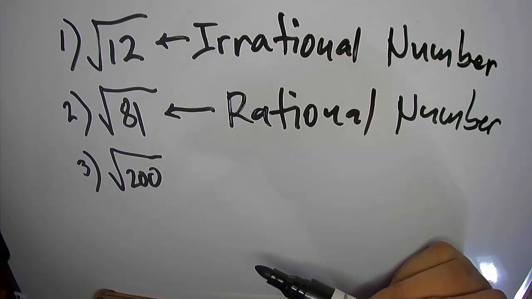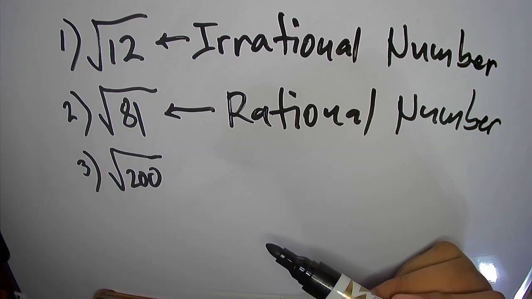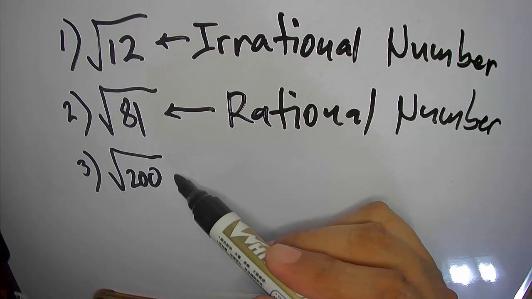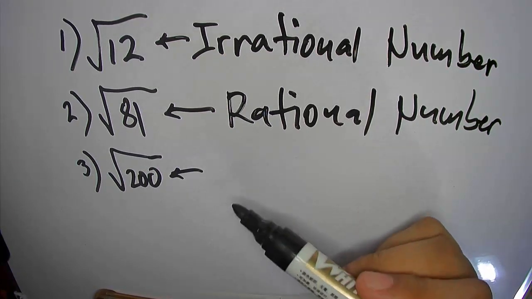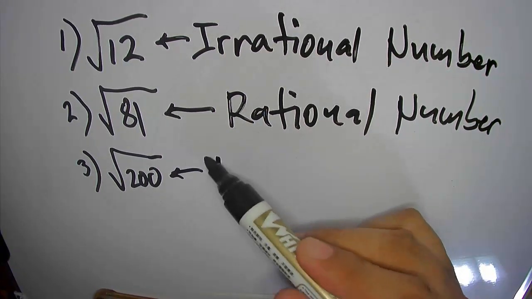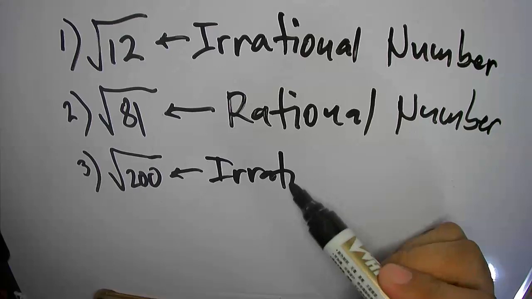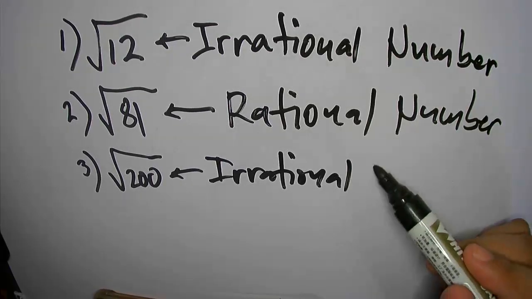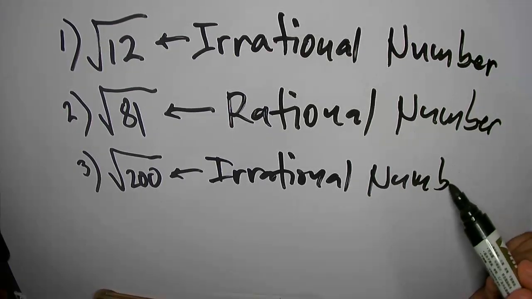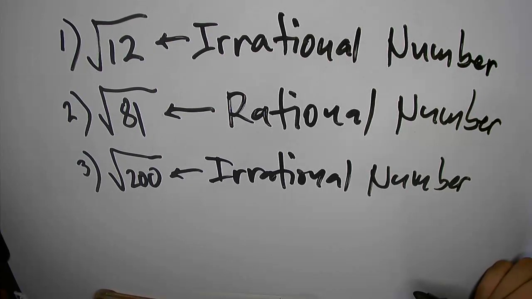So, wala. Okay? So, ibig sabihin, itong square root of 200 ay isang irrational number.